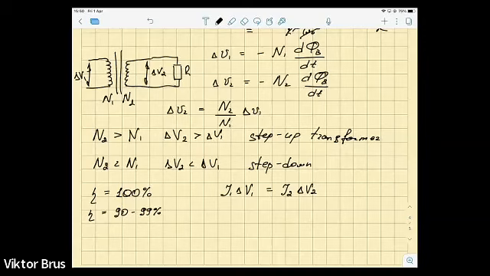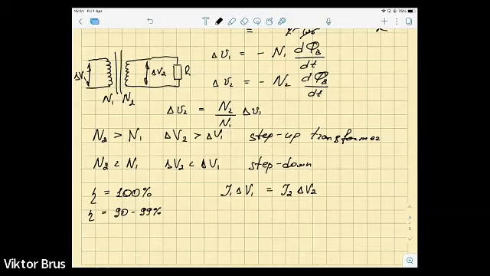First of all, magnetic field lines are not 100% fixed in the ferromagnetic core. Also, there are some induction currents in the ferromagnetic core, which heat up the transformer. There are also some losses in the copper wire, which forms these primary and secondary coils.